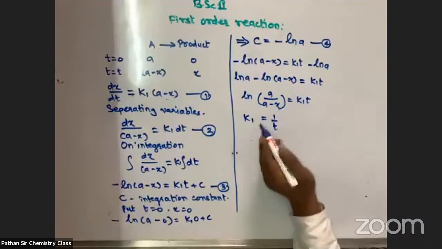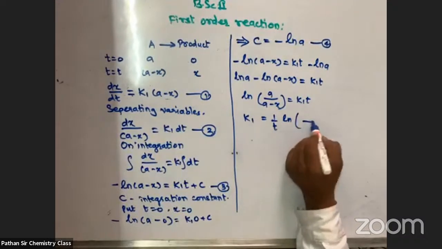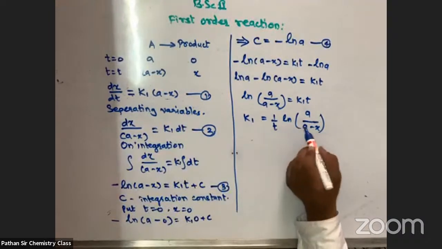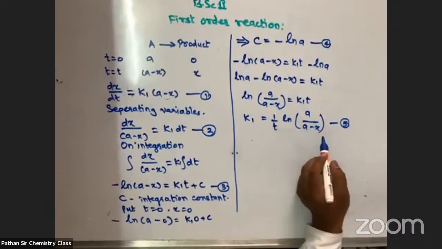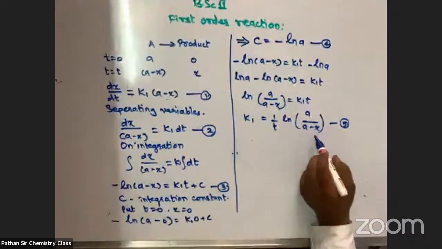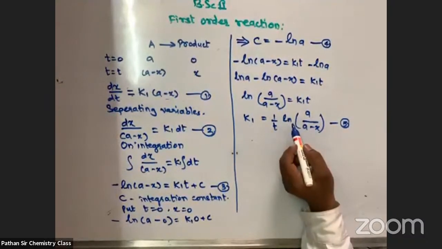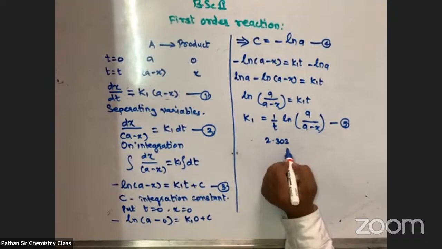t is brought to the other side. Okay, it will be k1 is equals to 1 upon t into log of a divided by a minus x, and this is, say, equation number 5, which is nothing but the integrated rate expression for first order reaction. Now this is natural log, converted to log to the base 10. To convert this to log to the base 10, we multiplied by 2.303.